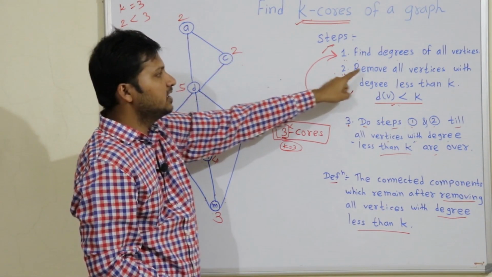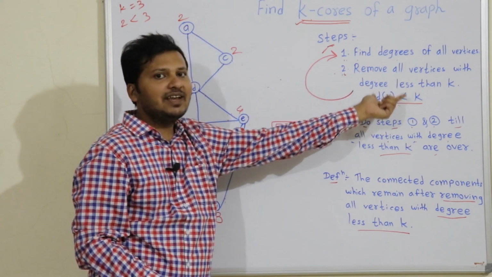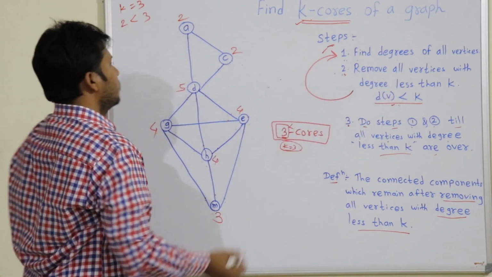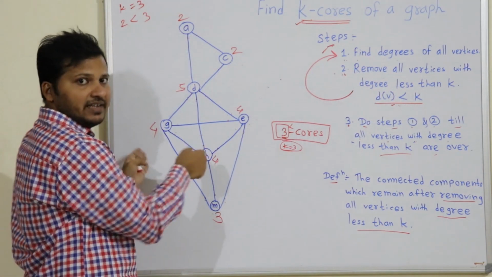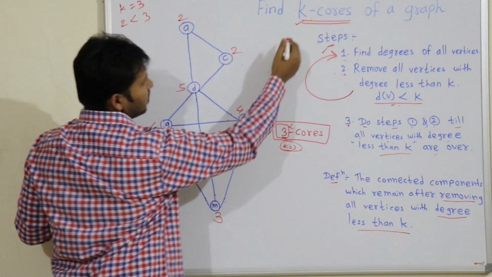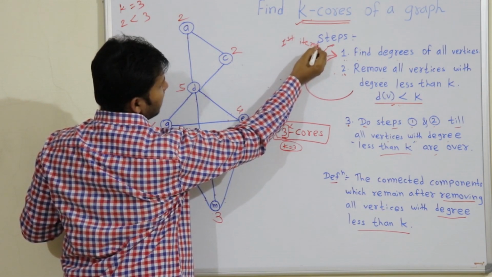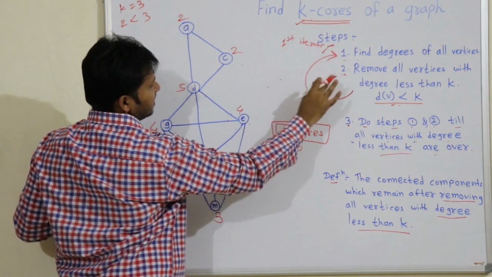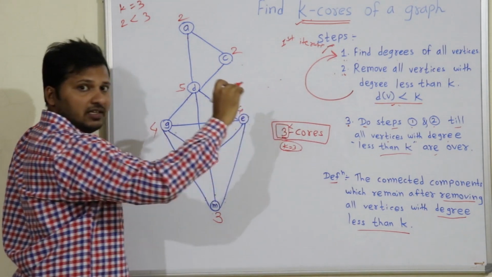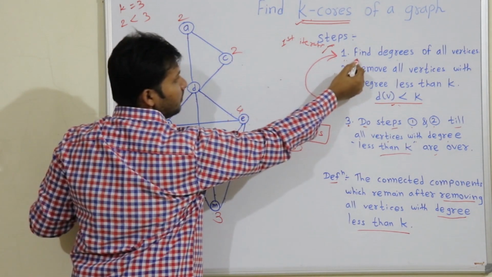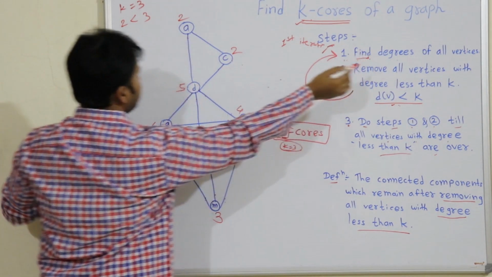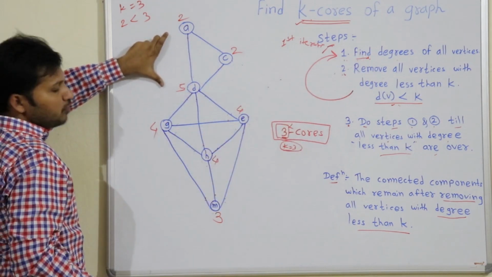Again go to the second step: remove all vertices with degree less than k. So in this second iteration, what was the first iteration? We removed some vertices in the first iteration, okay? Again in the second iteration, we have performed the first step, that is the computation of degrees.